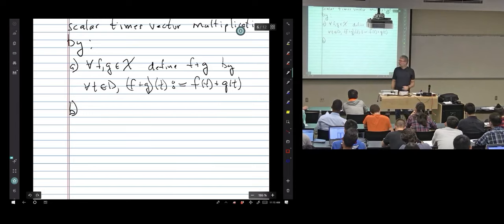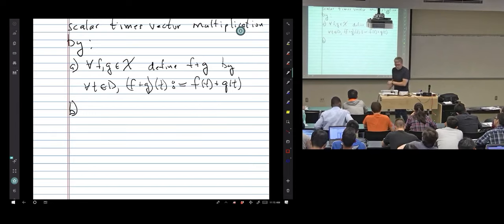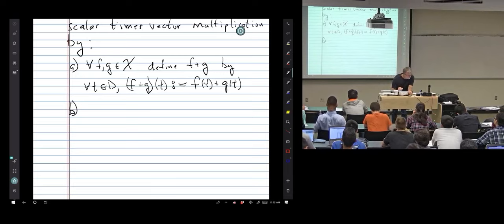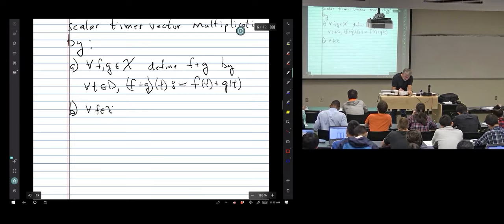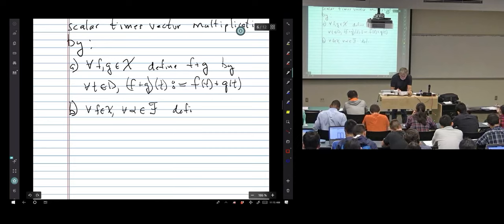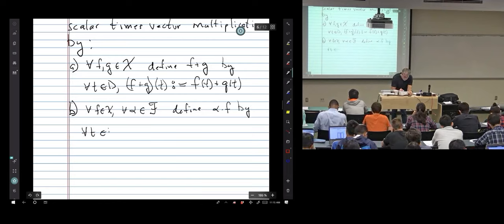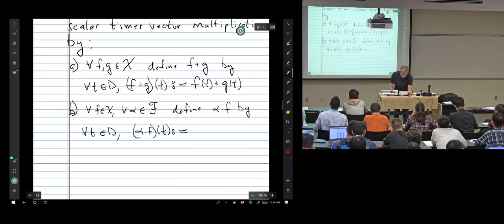So now I need to define scalar times vector multiplication, okay? So I take, for every vector in my set, for every scalar in my set, I define scalar times vector multiplication by, for every t in D, alpha times f evaluated at t is by definition equal to, I think now you guys get it.